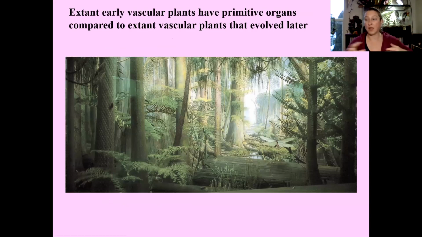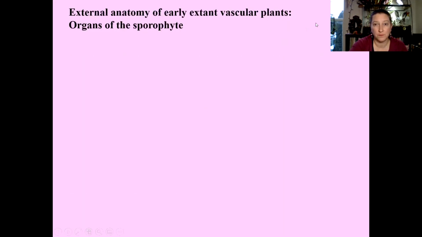So when you're looking at these early, notice here it says extant early vascular plants, extant, right? Extant early vascular plants. So this means lycopods and horsetails, right? So Lycopodium, Selaginella, and horsetails. They have more primitive organs compared to plants that evolved later, right? They're a little bit more primitive. So let's talk about that a little bit.